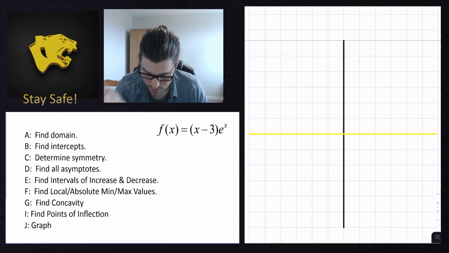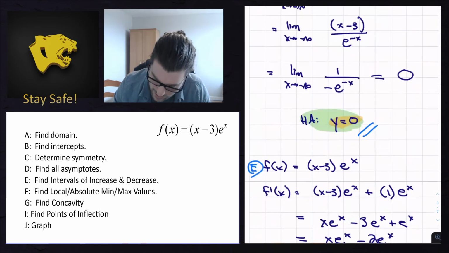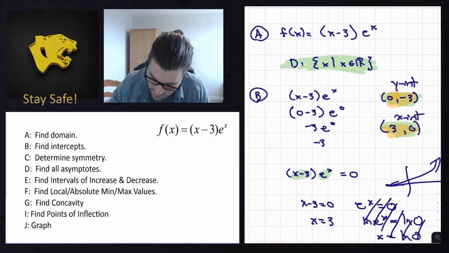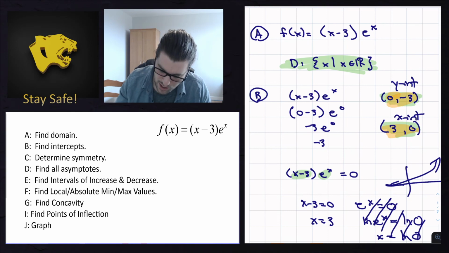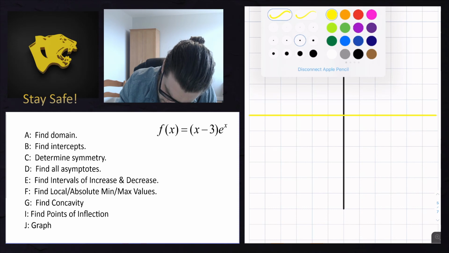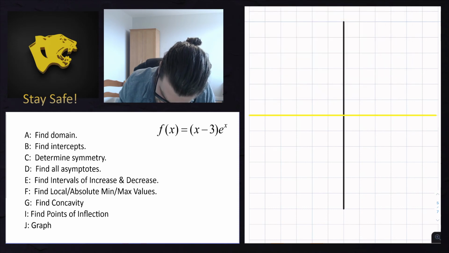I don't have a vertical asymptote. I do have a couple of nice intercepts, and I'm sorry for the spazzy scrolling up and down real fast, but I'm going to have to do that for a little bit. So we have 0, negative 3 and 3, 0. So I'm going to put both those down. I'm going to go 1.5 spacing. So I'm going to say that this is 0, negative 3.